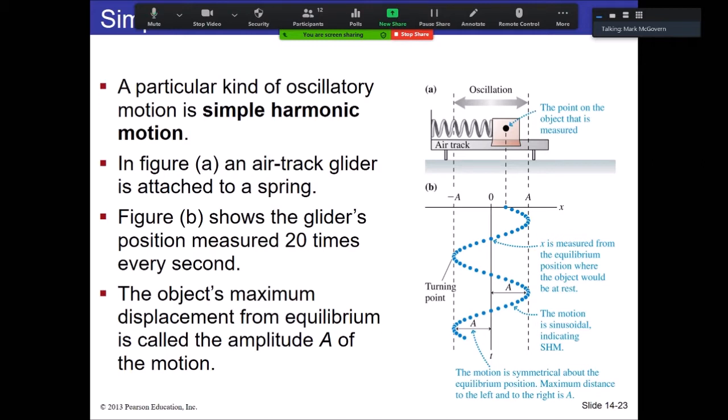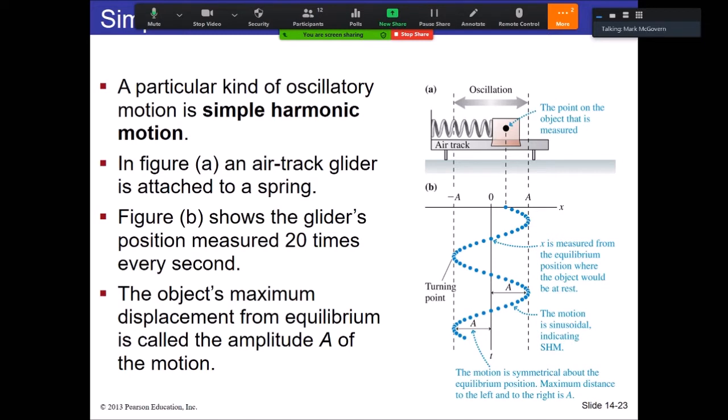If we assume that we don't have any dissipative forces here, no friction, no drag, then the object will oscillate indefinitely in this configuration. That kind of motion is a special kind of oscillatory motion we refer to as simple harmonic motion. Sometimes you'll see the abbreviation SHM. SHM is simple harmonic motion.